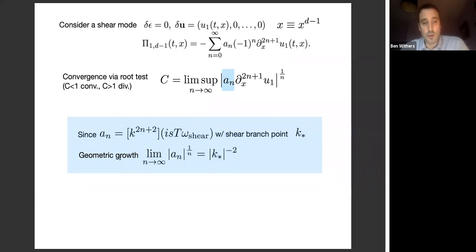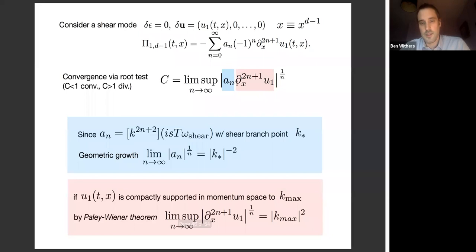From this, you can conclude that an grows geometrically, and in particular, this limit of n goes to infinity of an to the 1 over n goes like 1 over k star squared. So a consequence of these branch points at k star, it tells you about this large order behavior of these an coefficients. So this is one piece of this convergence test.